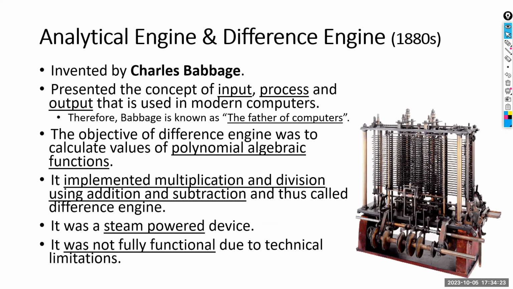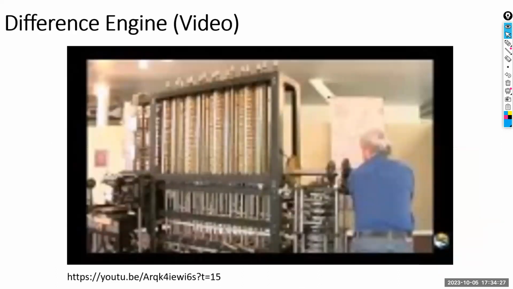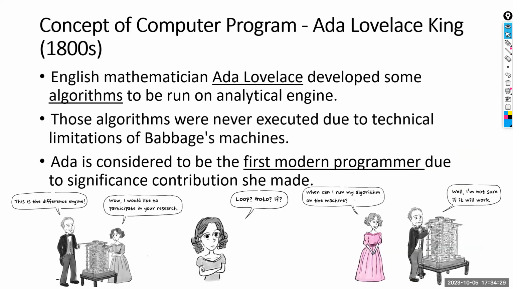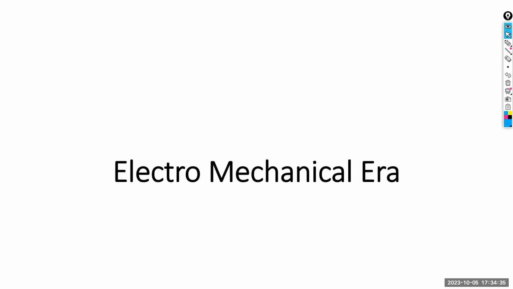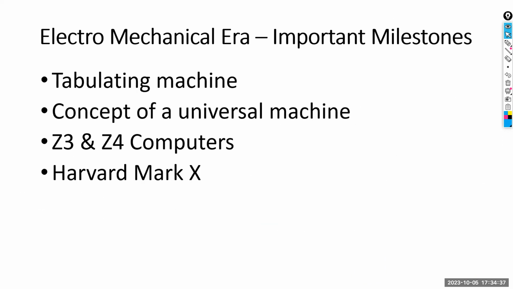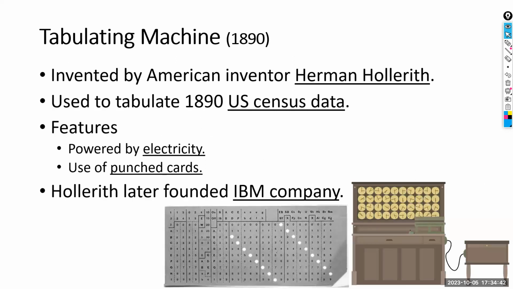Then Ada King, or Ada Lovelace, who wrote some algorithms, right? Then we started discussing the electromechanical era with the tabulating machine from Herman Hollerith, who later founded the IBM company. Now when you look at the big picture, that is what you have to do, right?